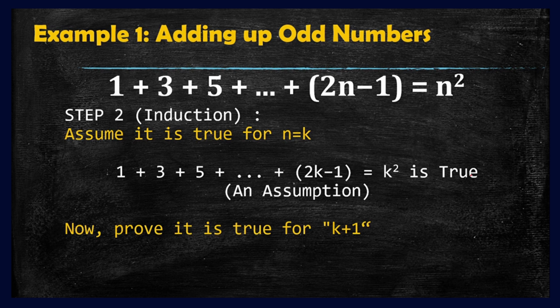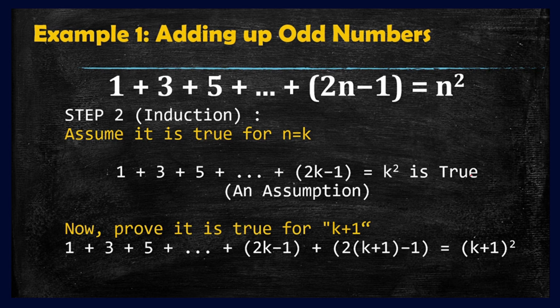So the next thing we are going to do is to rewrite our sequence 1 plus 3 plus 5 up to 2k minus 1. In this case, we are going to add another term where our k plus 1 is. So again, we substituted k plus 1 for k in our last term.